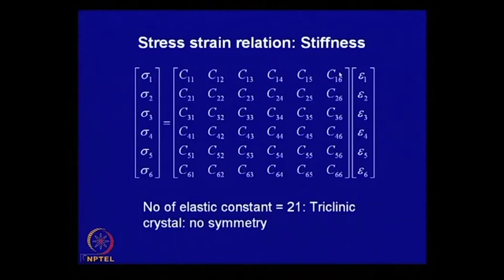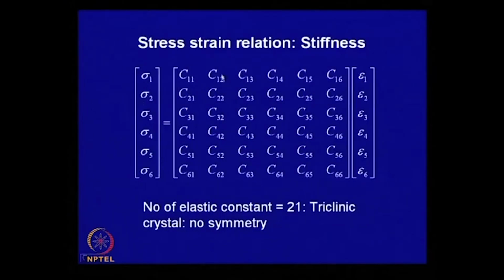The C matrix is the stiffness matrix, and from this it is possible to show the symmetry. I said that sigma ij is the same as sigma ji, so these indices are interchangeable. With this, it is very easy to show that in this stiffness matrix, the component C12 will be the same as C21.